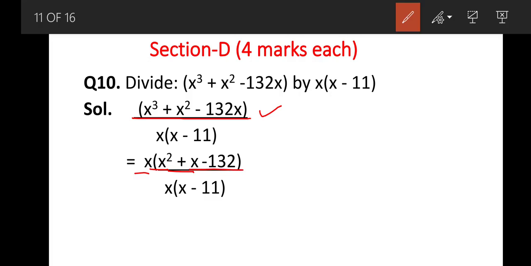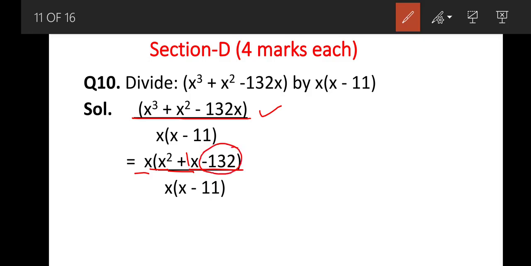So dear children, now again we need to use the splitting the middle term method. That is, what is the coefficient of x here? It is 1. And so I need to split this 1 into two parts such that the algebraic sum of those two parts is 1 and their product should be equal to minus 132.